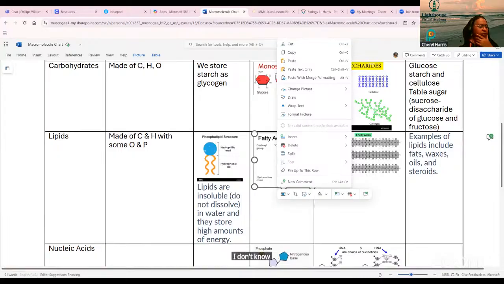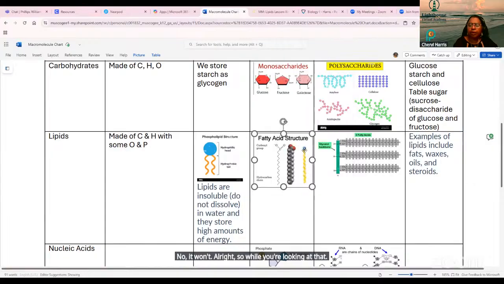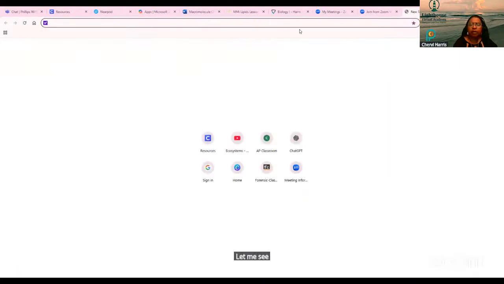I don't know why the first one worked and this one won't. Nope, it won't. All right, so while you're looking at that, let me see if I can't get this picture for you.